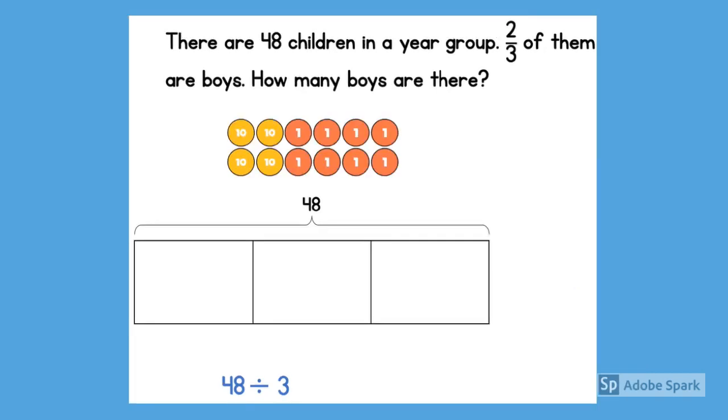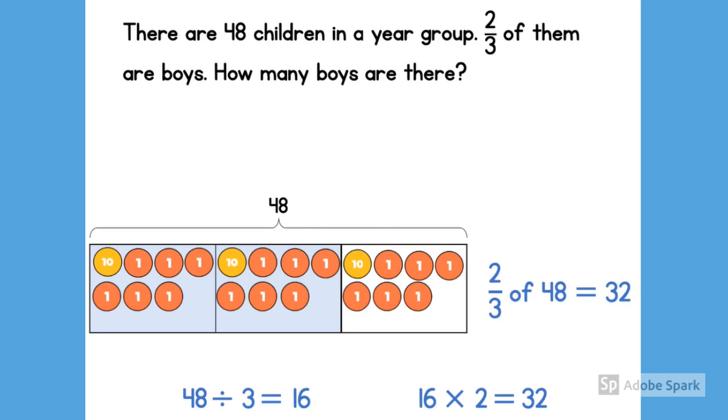There are 48 children in a year group and 2/3 of them are boys. How many boys are there? I have 48 represented in place value counters and my bar model is split into 3 equal parts. Can you see if we're going to have some problems sharing out the tens counters? Did you spot that you had to exchange one of the 10 counters for 10 ones?